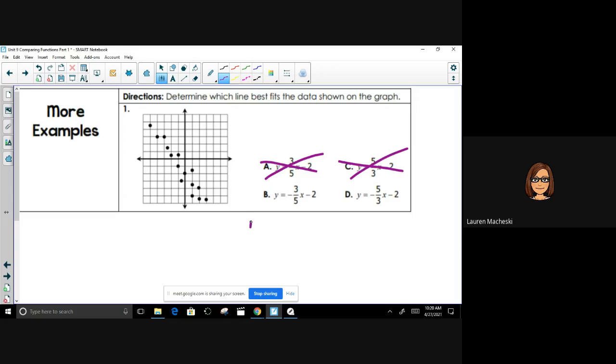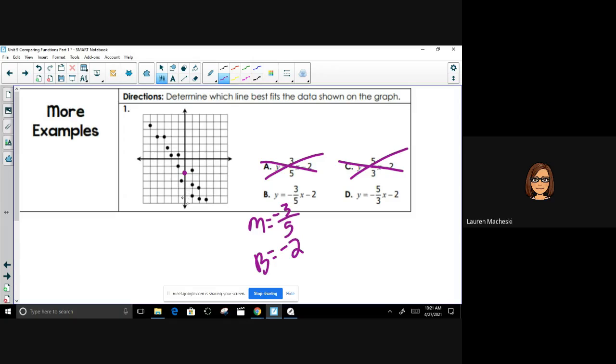My slope on B is negative 3/5. My y-intercept is negative 2, right? So let's graph B to see if my line of fit is going to be close to that. All right, so put a dot at negative 2. Looks like this one's all counting by 1. What does the negative 3 in your slope tell you to do? Go down 3, 4, 5.